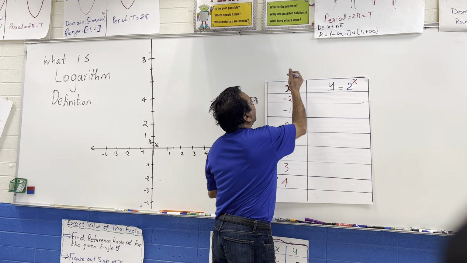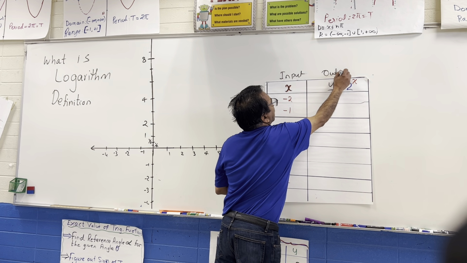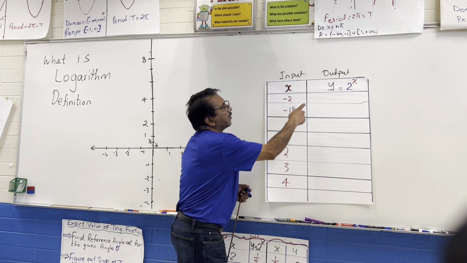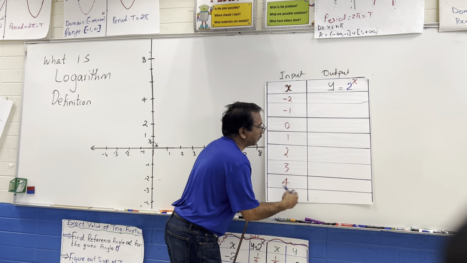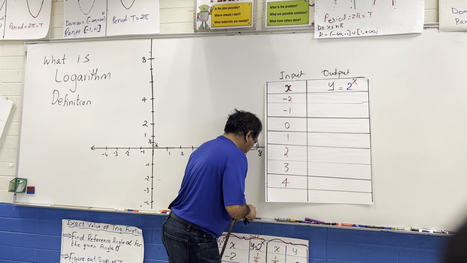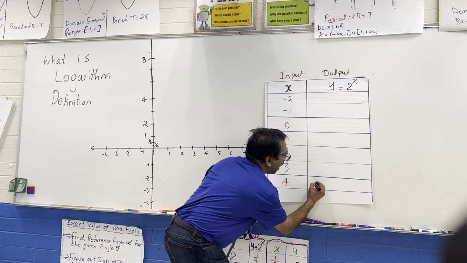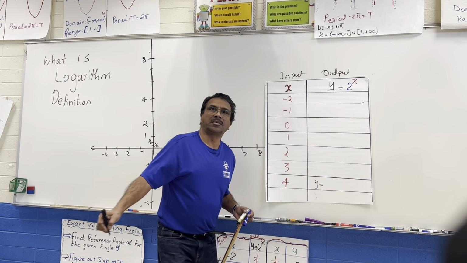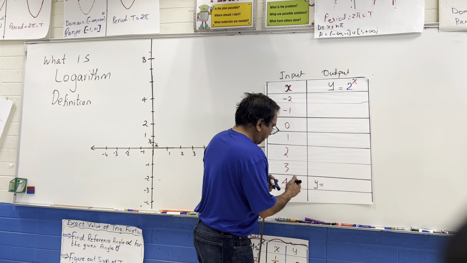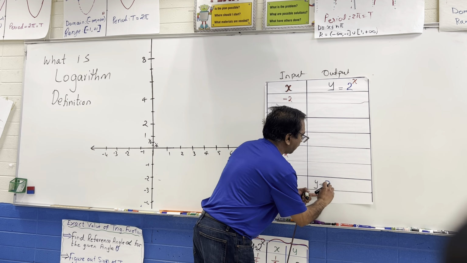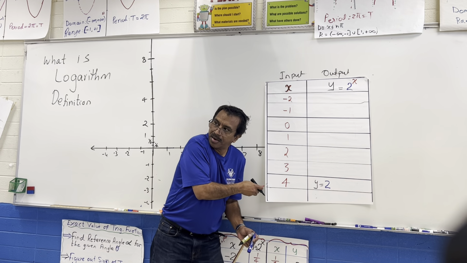This is input and that's output. So if I plug in 4 here, what answer do you get? So y. Can you write that down? As I write, just make sure you also take note of this. It's the blue 2, the base, raised to the red 4.